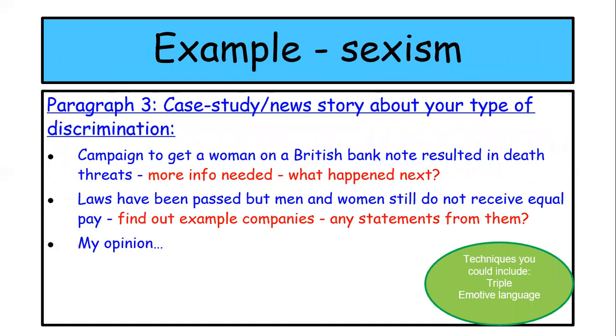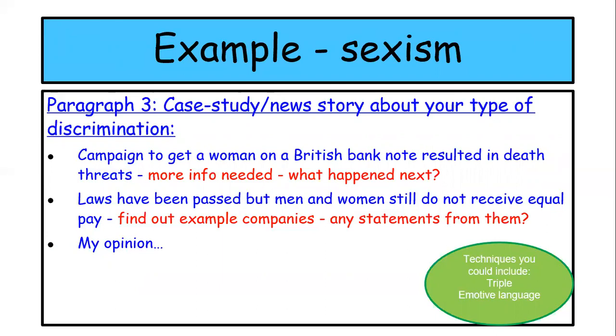Again, going back to an example, if you were writing about sexism, when they were putting a woman on a British banknote, then there was quite a lot of backlash, outrage, and death threats. So you'd have to research that in detail if that was the kind of thing that you wanted to include.